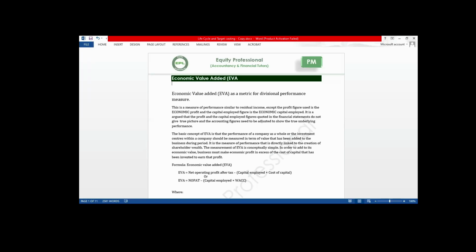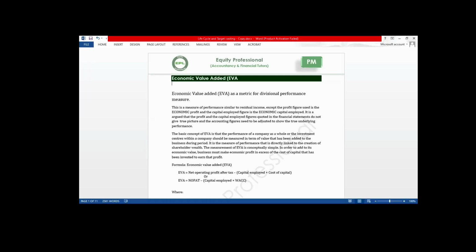Under the financial performance measure, we discussed return on investment, that is return on capital employed, as a basis for measuring performance of division. We equally discussed residual income as a basis for measuring performance of division.